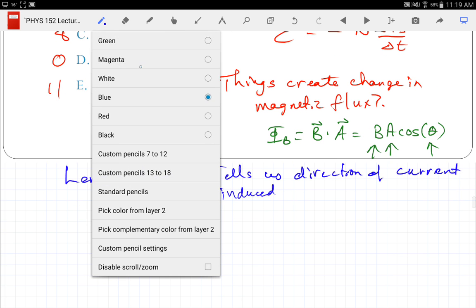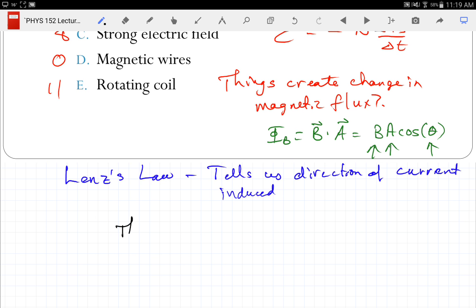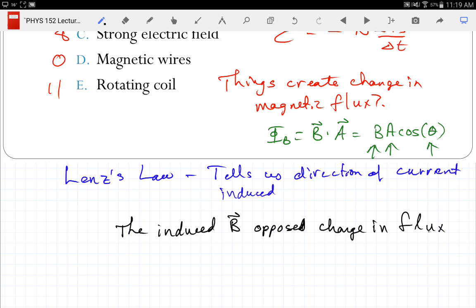Lenz's law can be written very simply. The induced magnetic field opposes change in flux. Now, the words are simple, like I said. The meaning is simple, but connecting the meaning in the words is where the trick is.